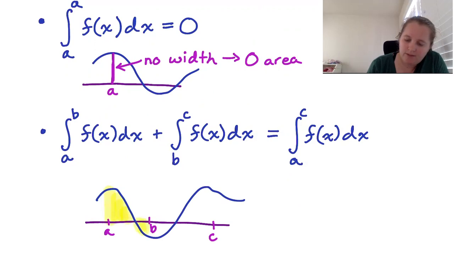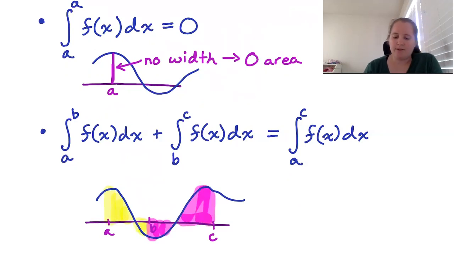So here's one piece. The second piece from b to c. Basically what they're saying is that if we take the area of the yellow and add the area of the pink, it's equivalent to taking the whole area, which is exactly what we did before.